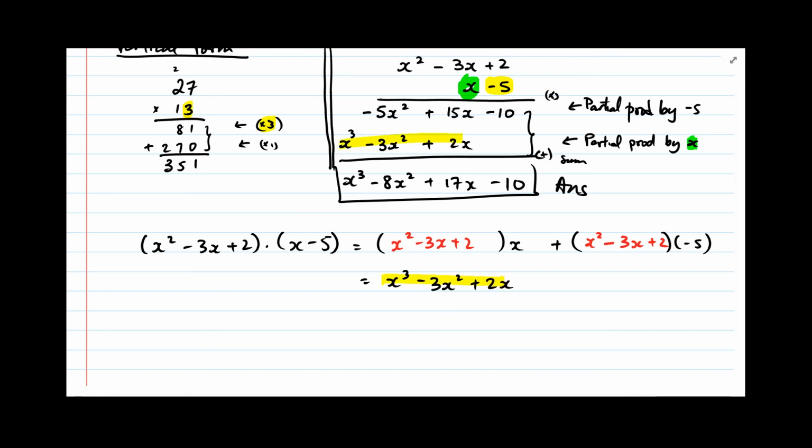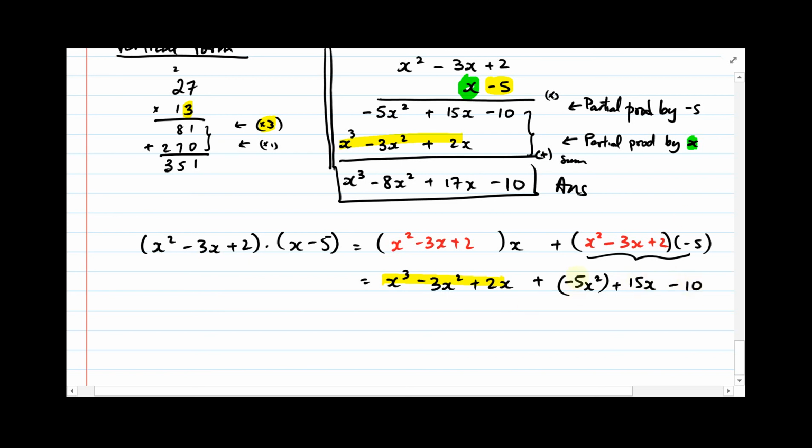And when we go to the next part, I expand. So if I multiply this, it doesn't matter that the monomial, the negative 5, is on the right hand side. It's the same thing. Everything inside is multiplied. So I would get negative 5x squared plus 15x and minus 10.